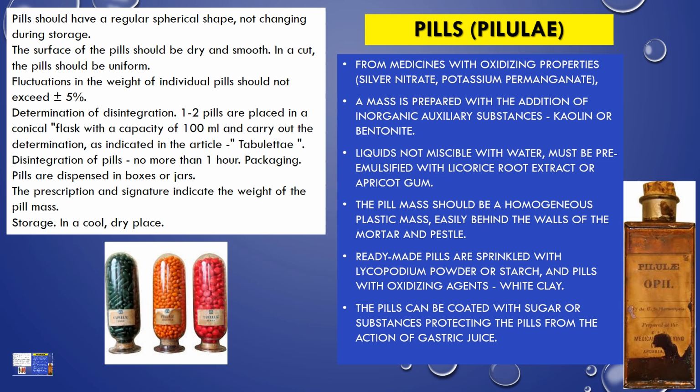The pill mass should be a homogeneous plastic mass that comes easily off the walls of the mortar and pestle. Ready-made pills are sprinkled with lycopodium powder or starch, and pills with oxidizing agents with white clay. The pills can be coated with sugar or substances protecting the pills from the action of gastric juice.